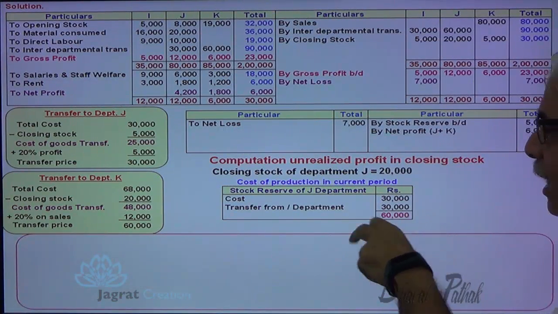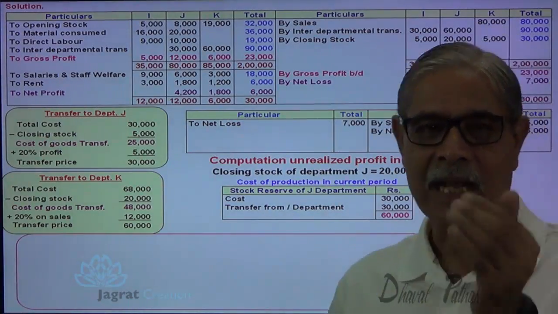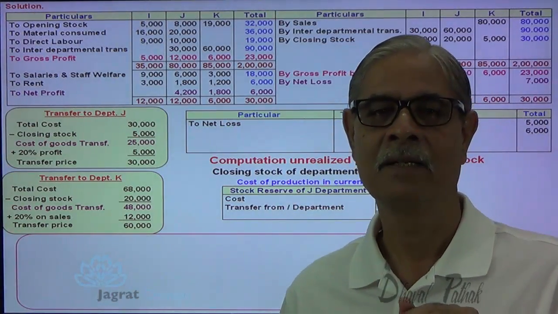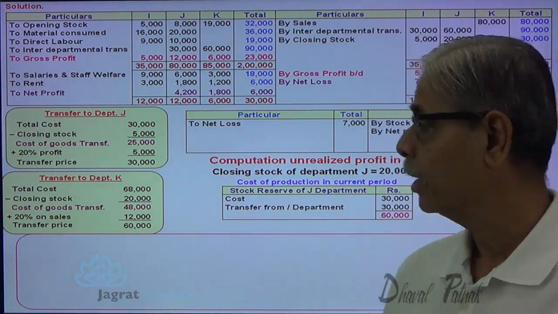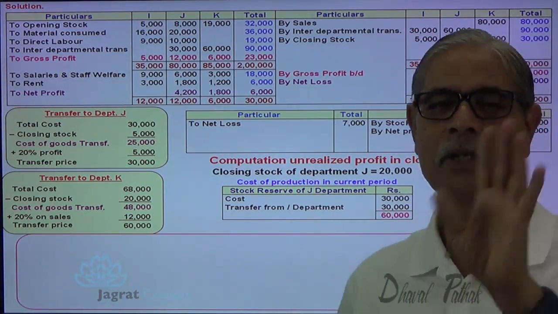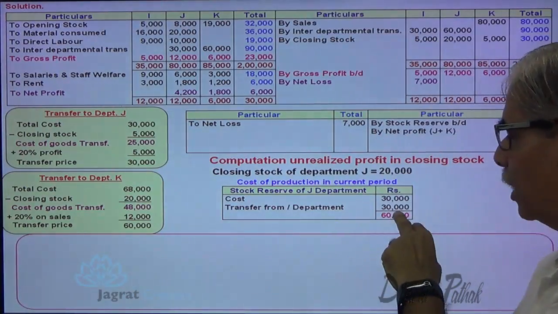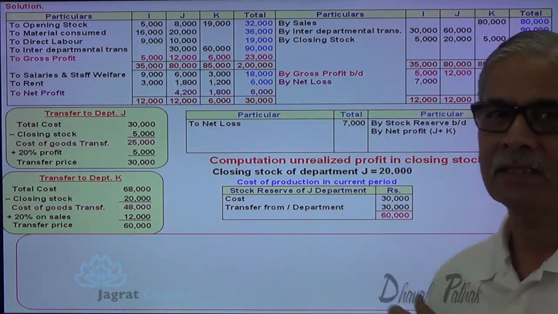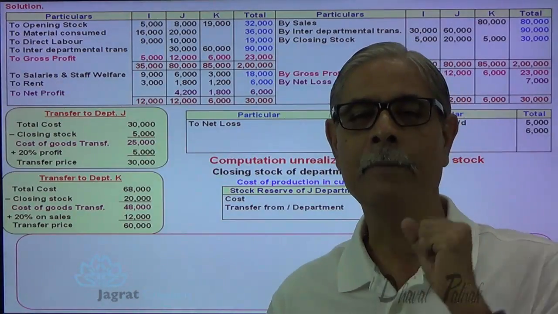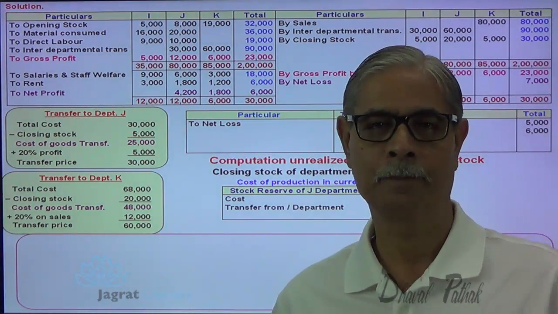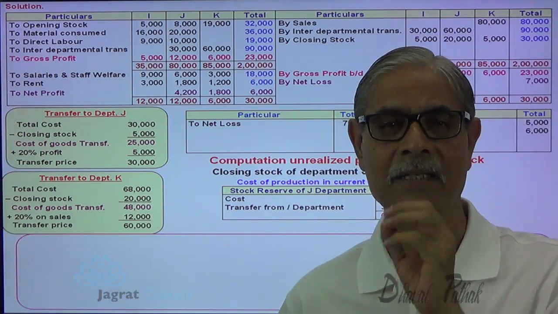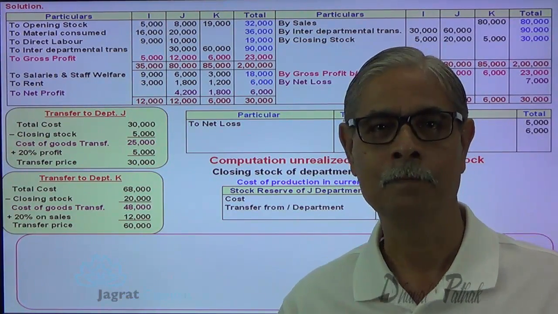Out of this 60,000, the transferred proportion is 30,000. So one half is the transferred proportion, which holds the element of profit. So out of 60,000, 30,000 is the transferred element, which holds a profit load.